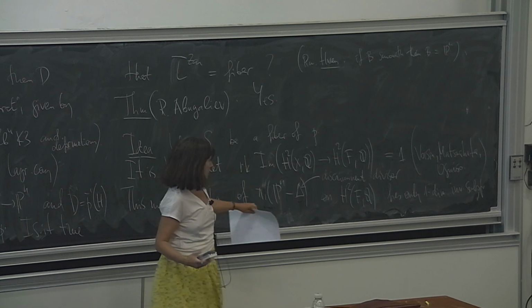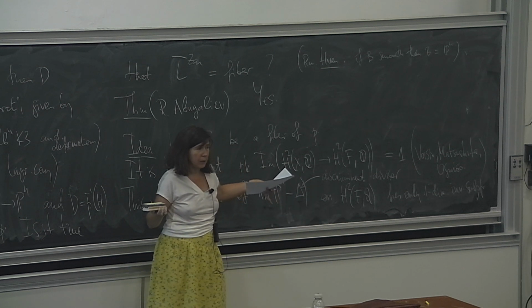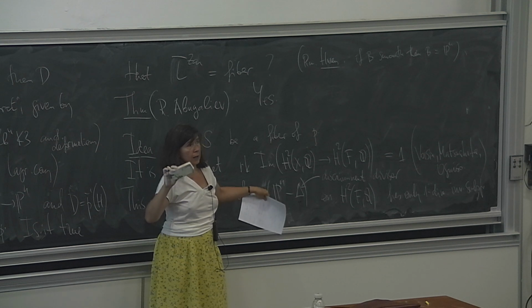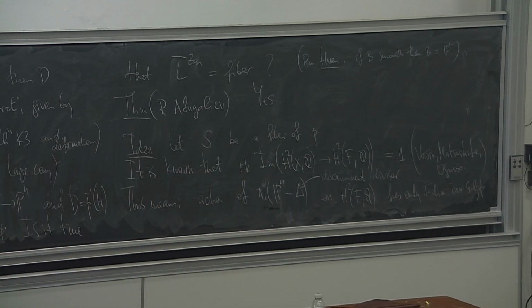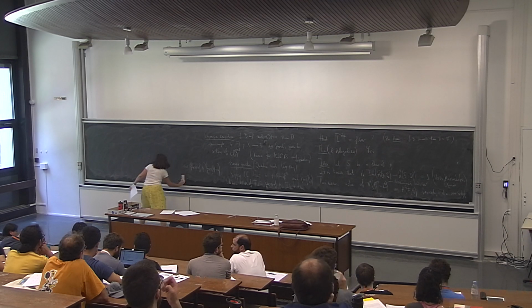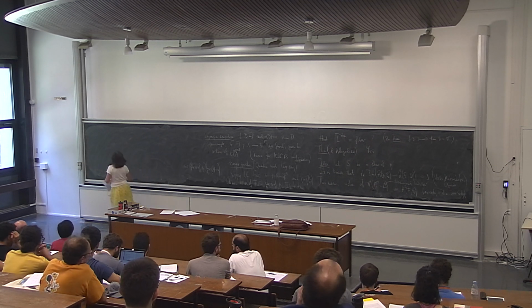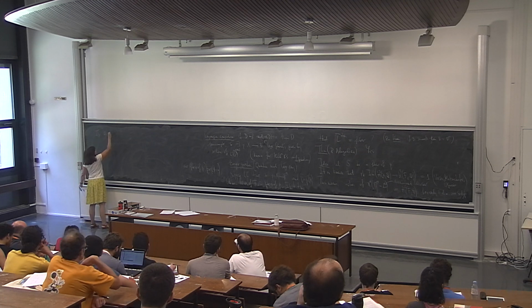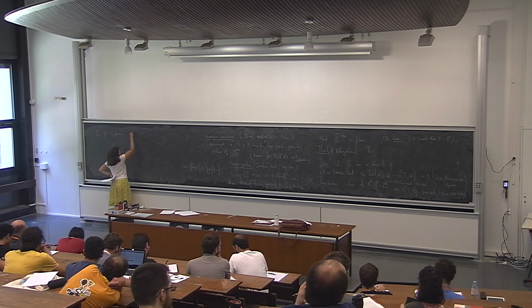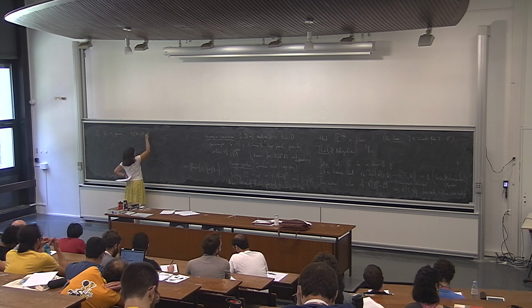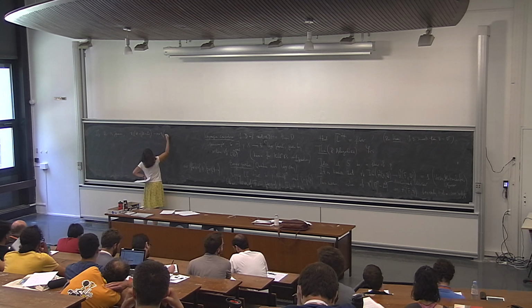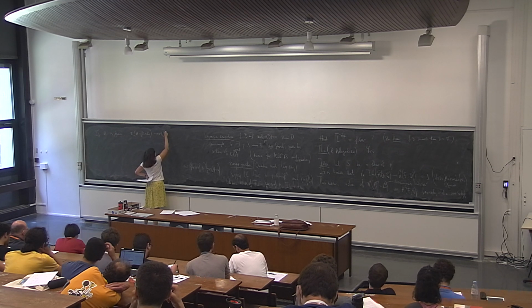Now, if H, this divisor on Pn, is generic, then of course π1 of H minus the discriminant intersected with H surjects onto π1 of Pn minus the discriminant.